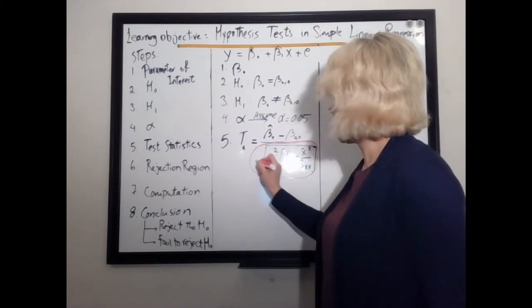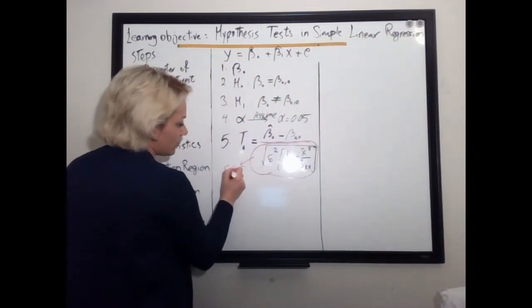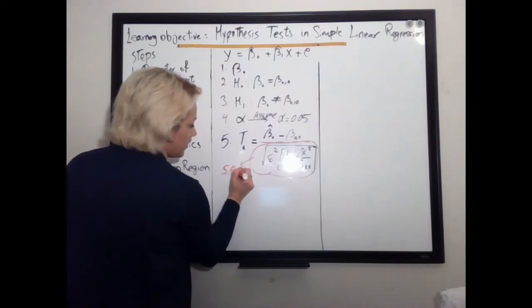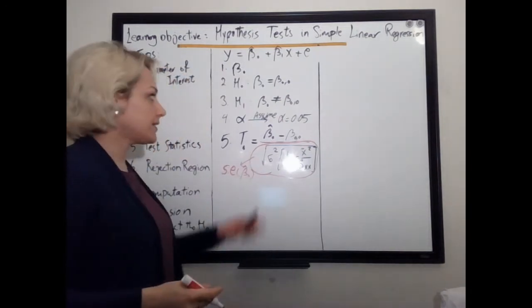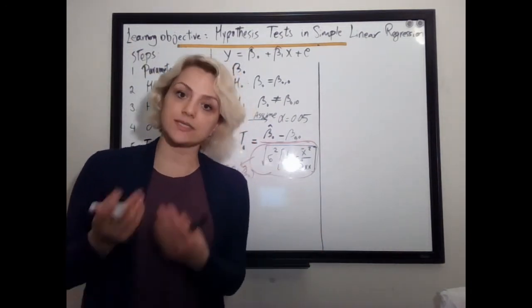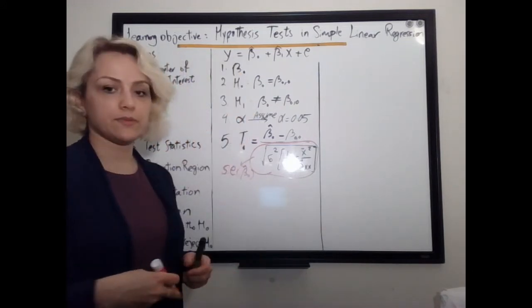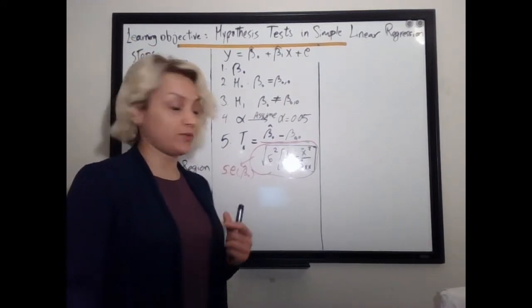In fact, it's your estimate minus the parameter of interest, divided by the standard error of your estimate of beta null.